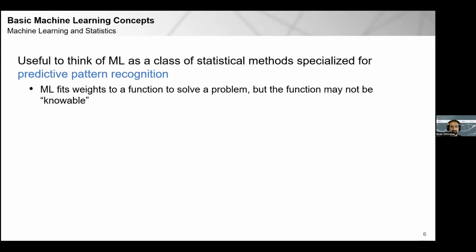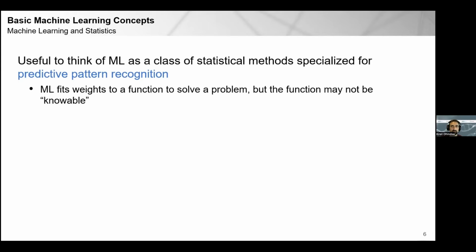Whereas with statistics in general, you might have, in the case of linear methods, essentially a linear equation, for example a linear regression line, or even a nonlinear equation, but we would have the mathematical form of that equation, and we would understand how the coefficients interact with it in order to construct our regression line or curve or what have you.